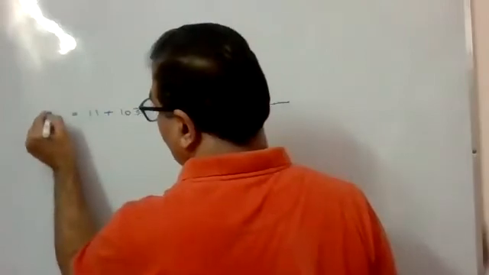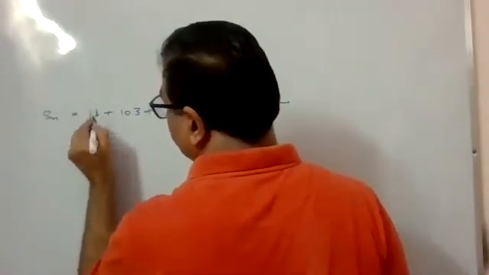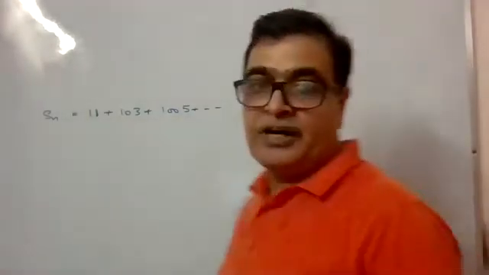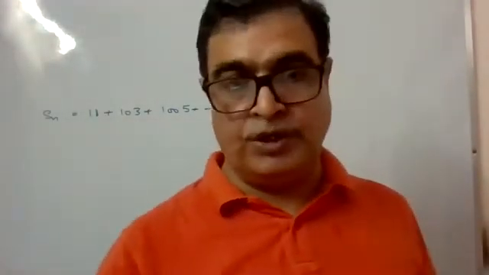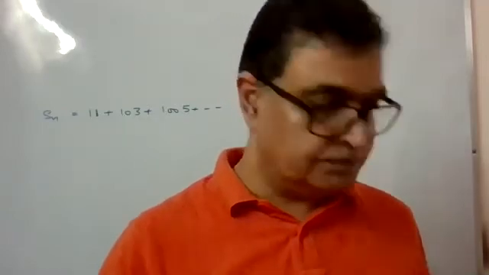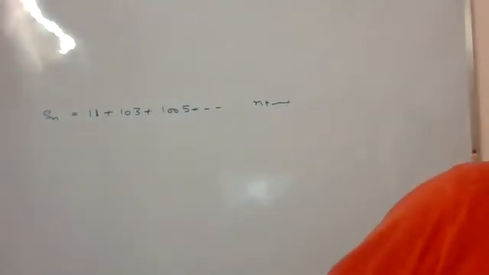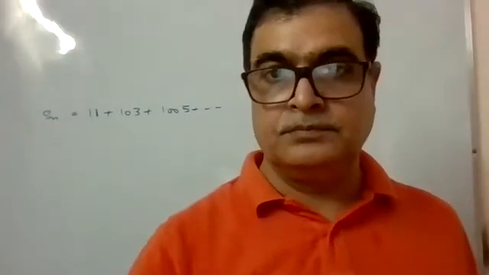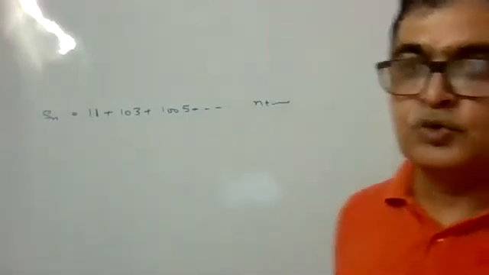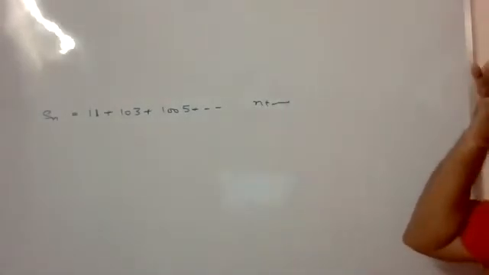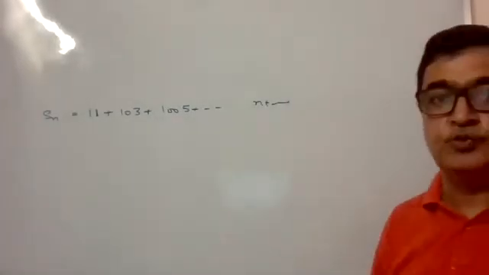You have to find out the sum of n terms. 11 plus 103 plus 1005 till n terms, the sum we want.